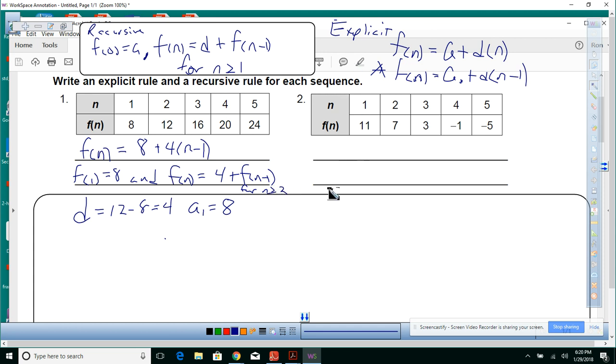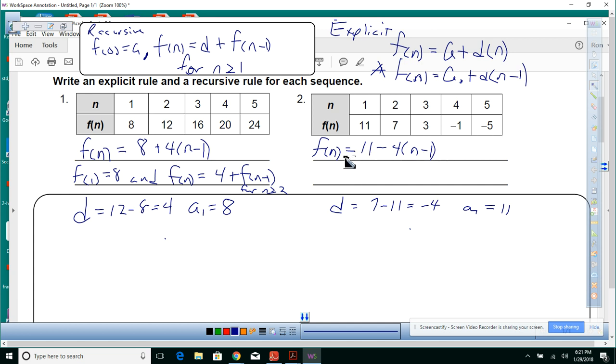Take a look at number 2 here. First, we need to figure out what is d. d is 7 minus 11, that is negative 4. And 3 minus 7 is negative 4. So d equals negative 4, not a problem. a sub 1 is 11. So f of n equals 11 minus 4 times n minus 1.